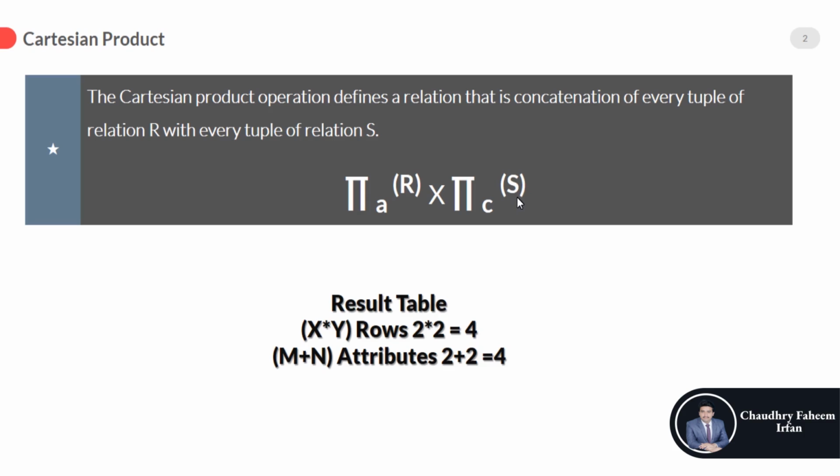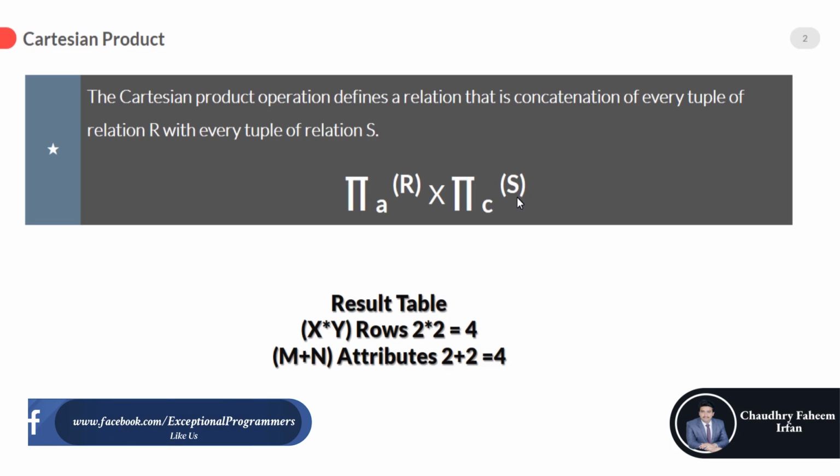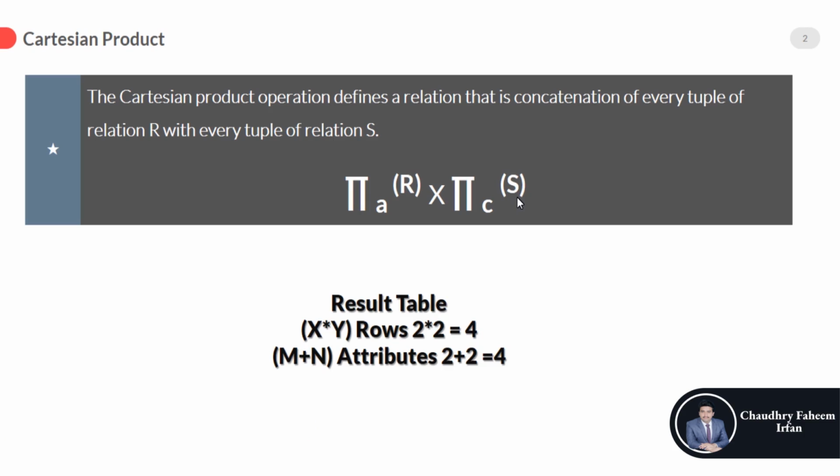The Cartesian product operation multiplies two relations to define another relation consisting of all possible tuples from the two relations. Suppose one relation has x tuples or rows and n attributes and the other relation has y tuples and m attributes.